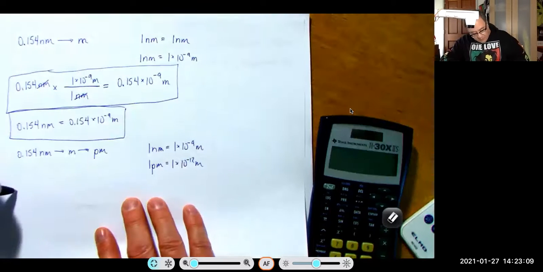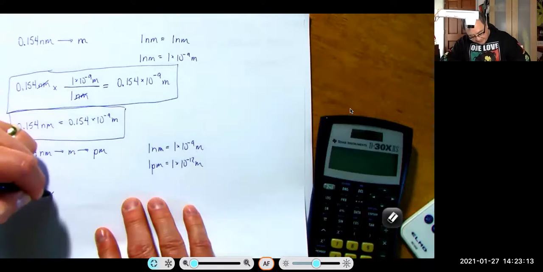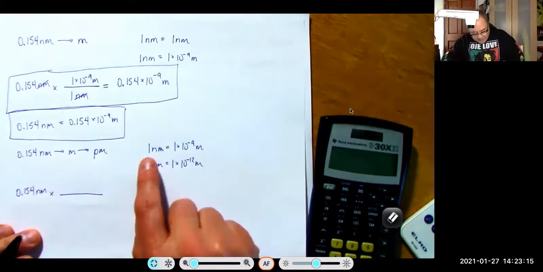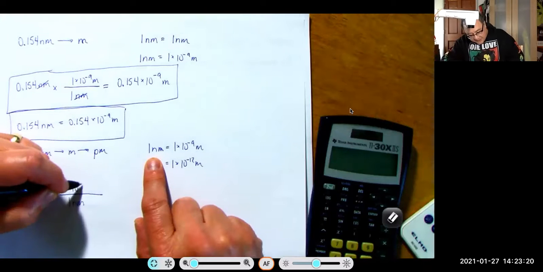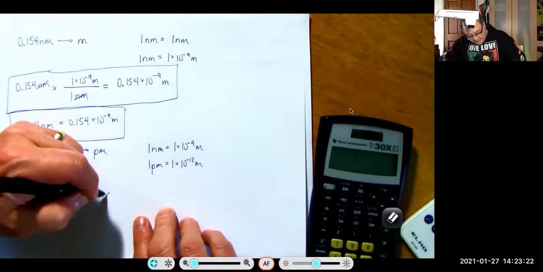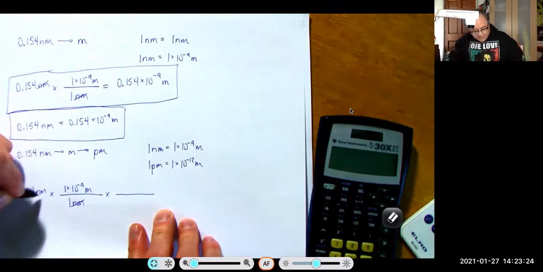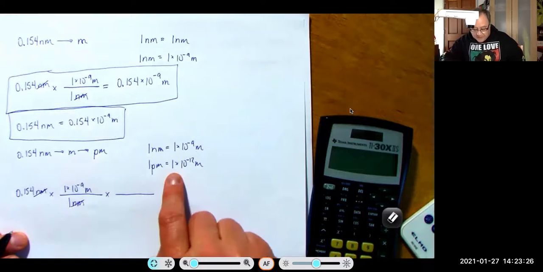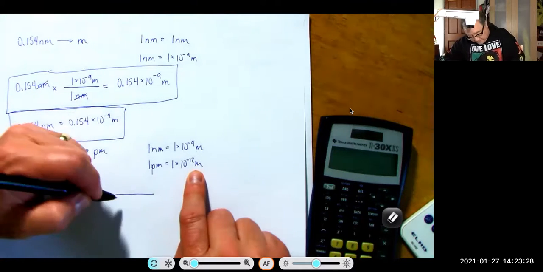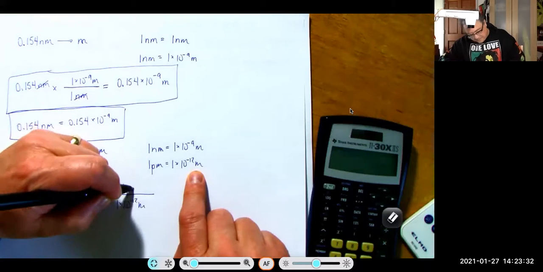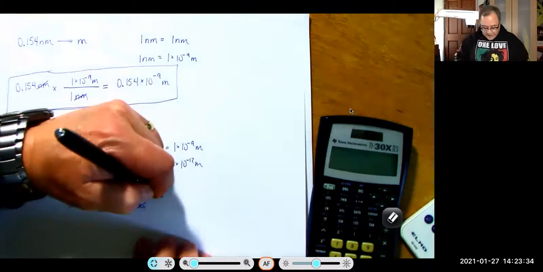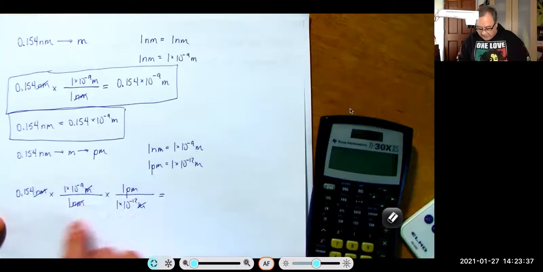So I'm going to have 0.154 nanometers times, and I'm going to put nanometer on the bottom again, and 1 times 10 to the minus 9 meters on top. And then for this second conversion, I'm going to put meters on the bottom. And you can see all of the units cancel except for picometers.